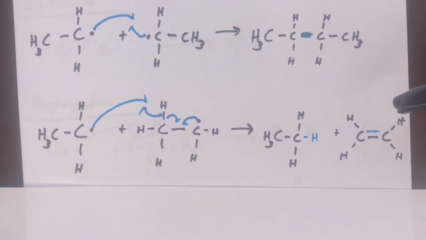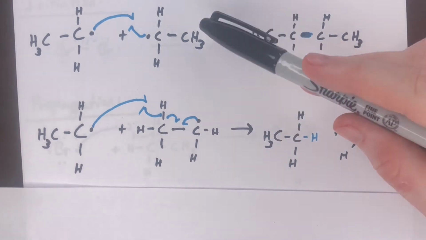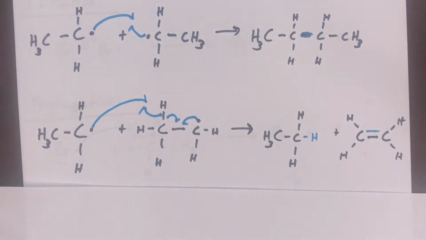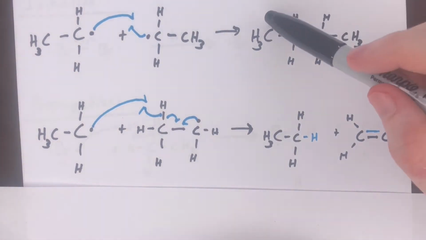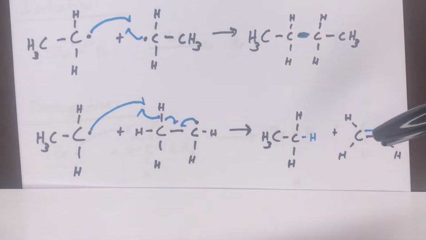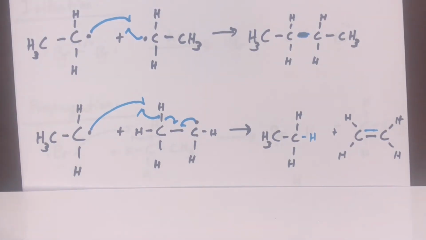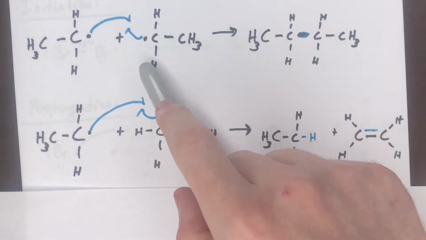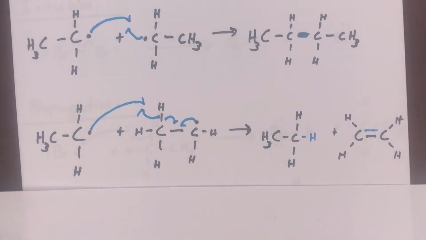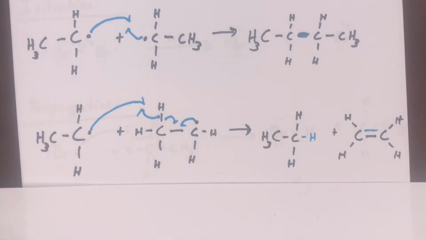So one last thing to mention here is all of these side reactions with the multiple carbon radicals are never going to be the major product. Because remember, the bromine-bromine bond is the weakest, so that means that you're going to have an abundance of the bromine radicals and only very small amounts of these carbon radicals. So if you have small amounts of carbon radicals, it becomes less likely for two of them to come together and react in this way that I've shown.